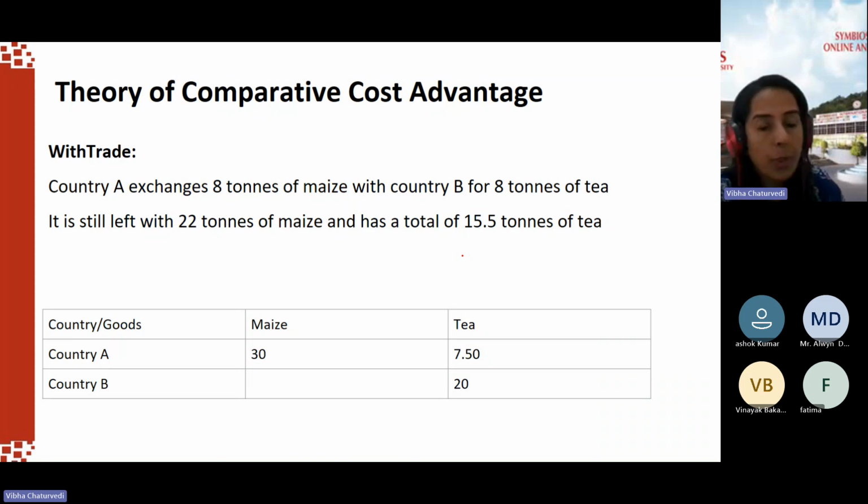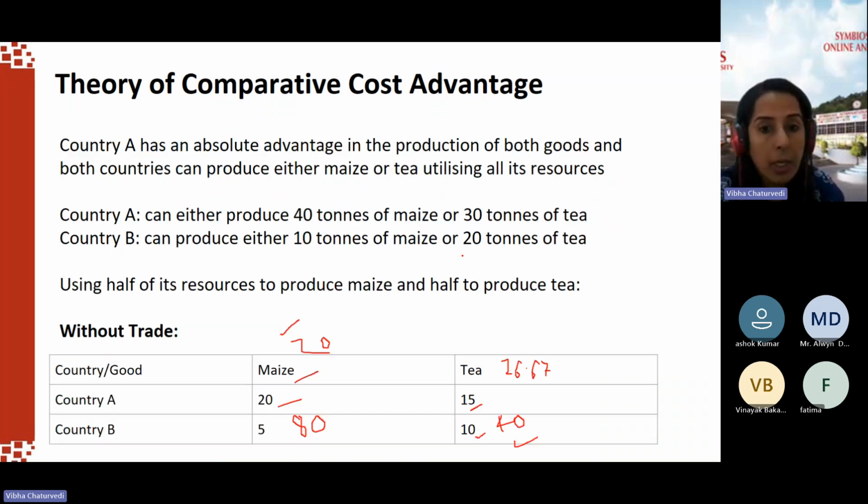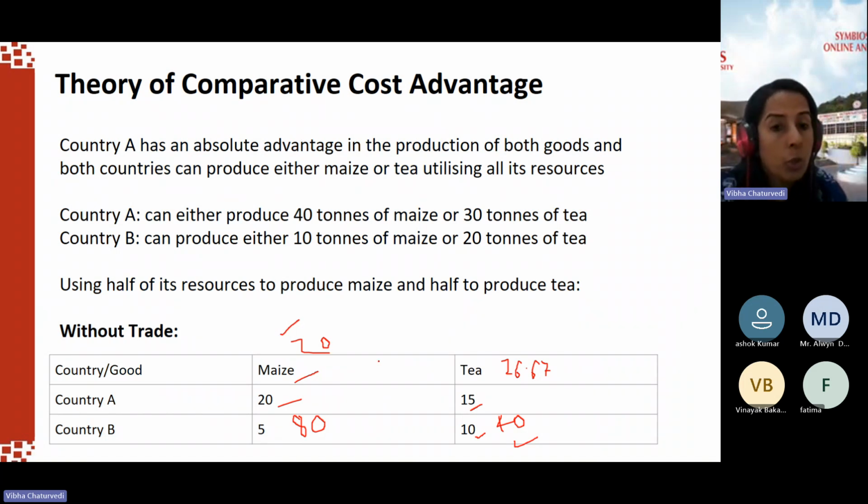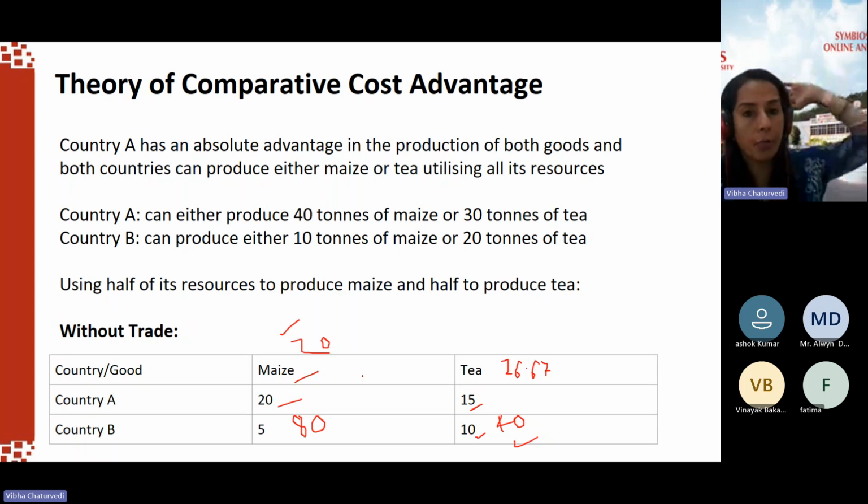Now, in the first situation, if neither country trades with each other, this is what the total production worldwide is going to be. Each country will deploy half its resources. Country A will deploy 200 units of labor in the production of maize and the rest, 200 units of labor, in the production of tea.